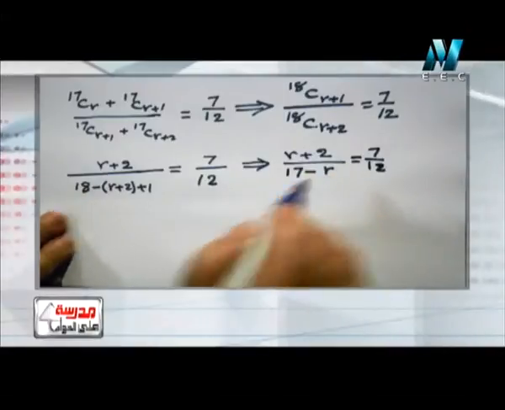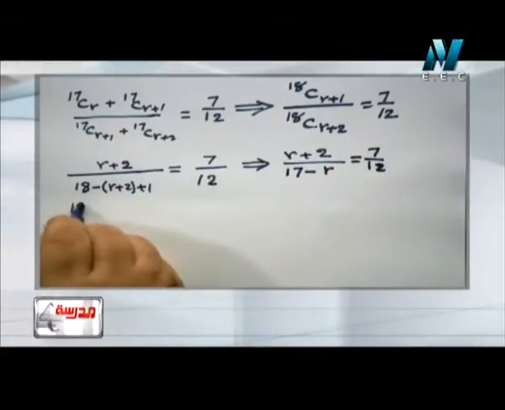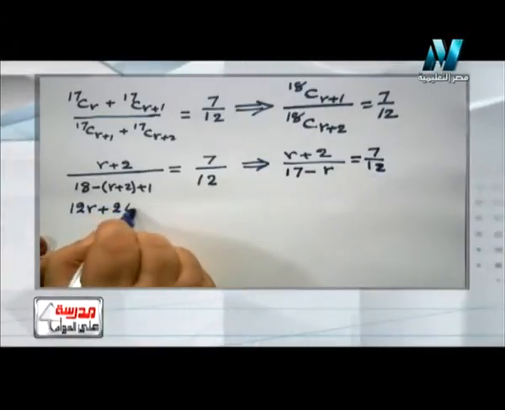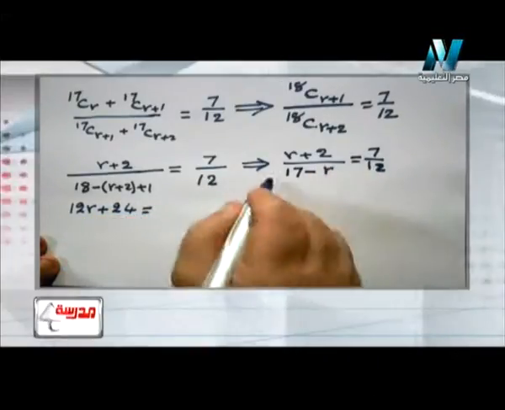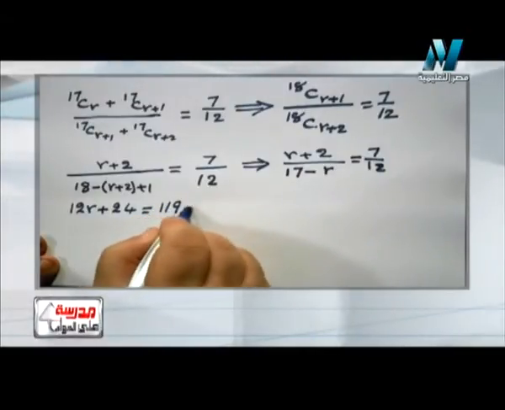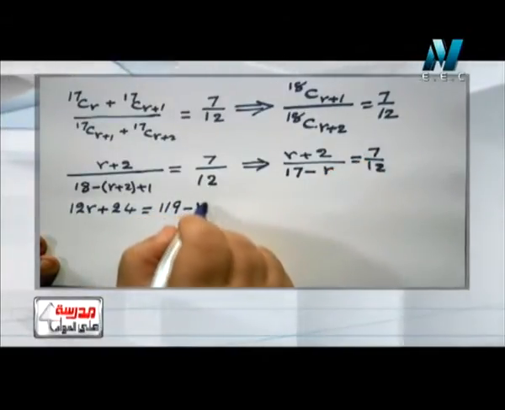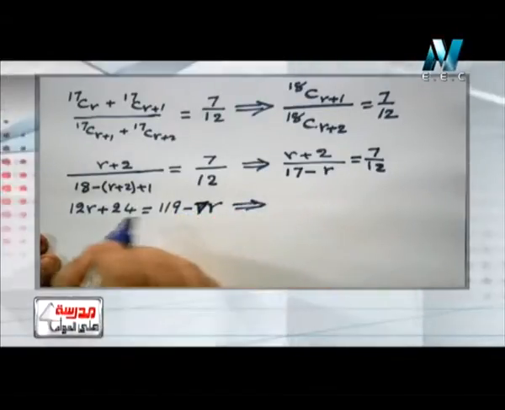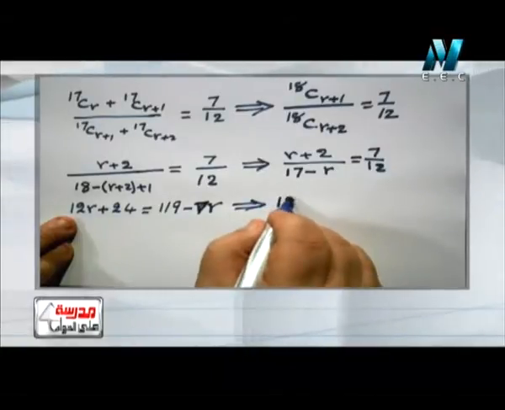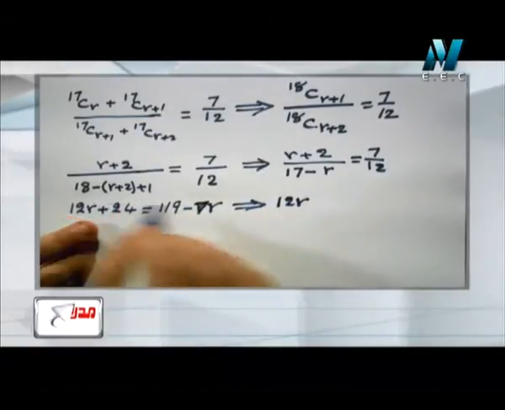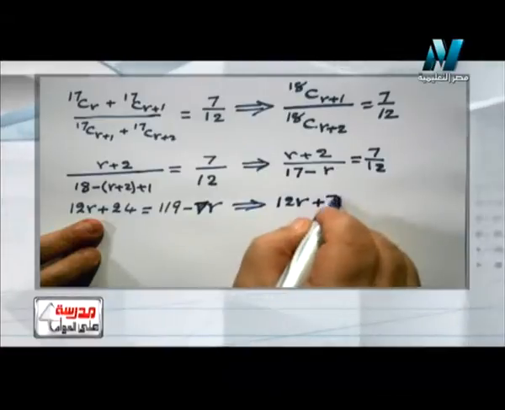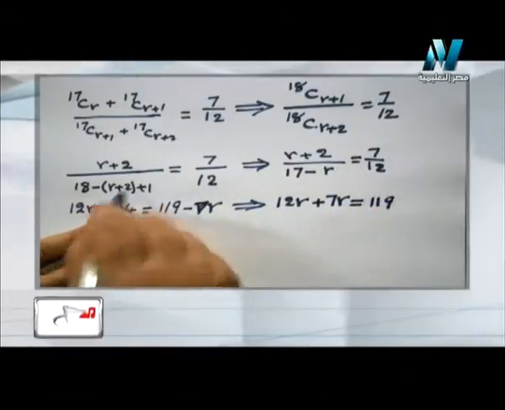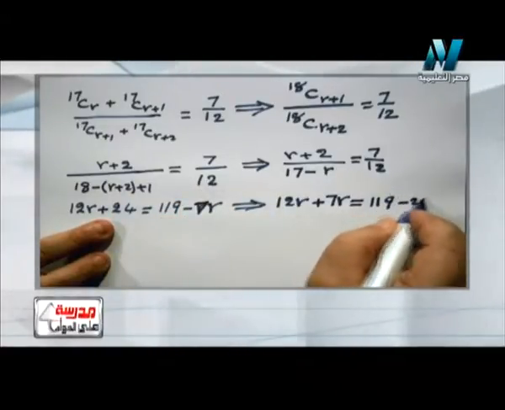Cross multiplication, then 12R plus 12 times 2, 24, equals 7 times 17, 119, minus 7R. Now 12R plus 7R on the other side, positive 7R, equals 119, and 24 on the other side negative 24.